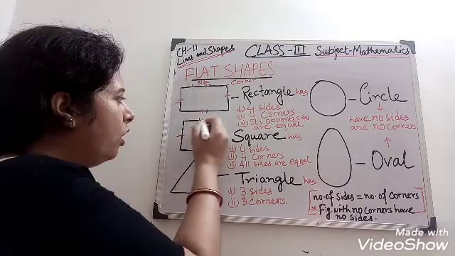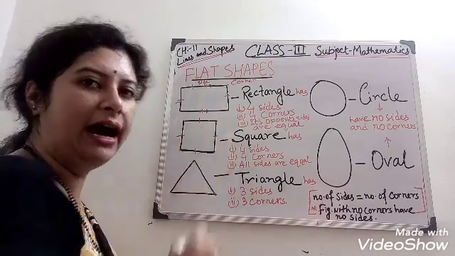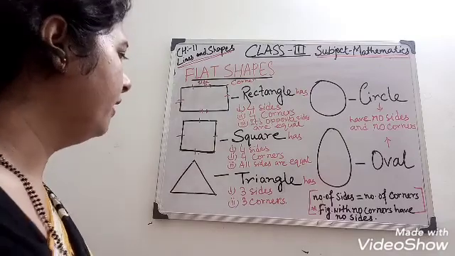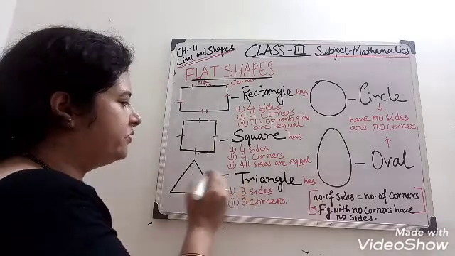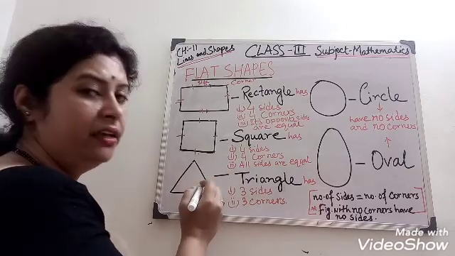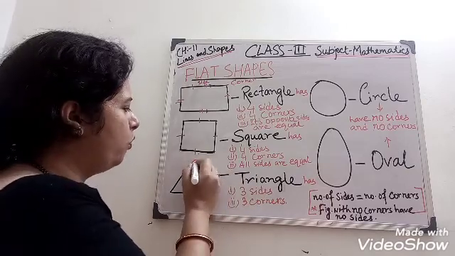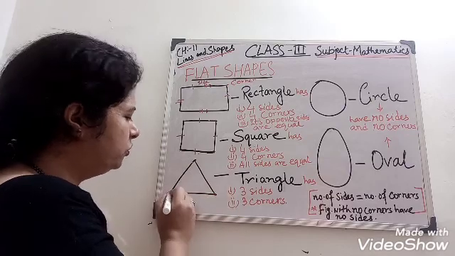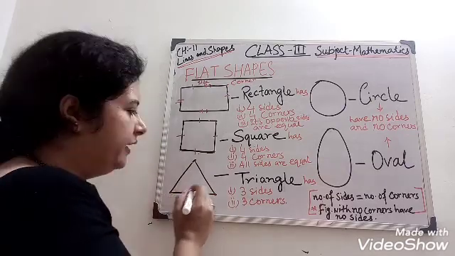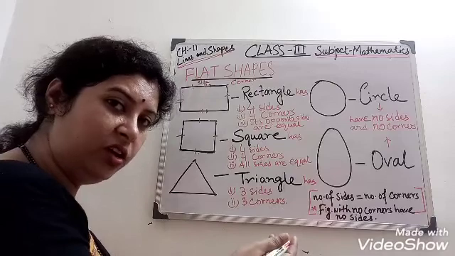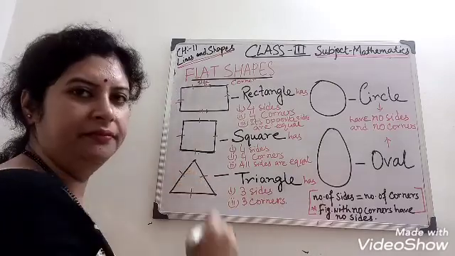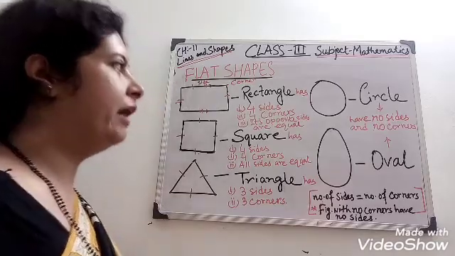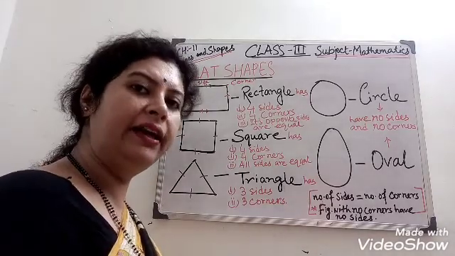It means all the lengths of the square are the same. Now come to triangle. A triangle has 3 corners, 1, 2, 3. 3 corners means it also has 3 sides, 1, 2, 3. Clear?